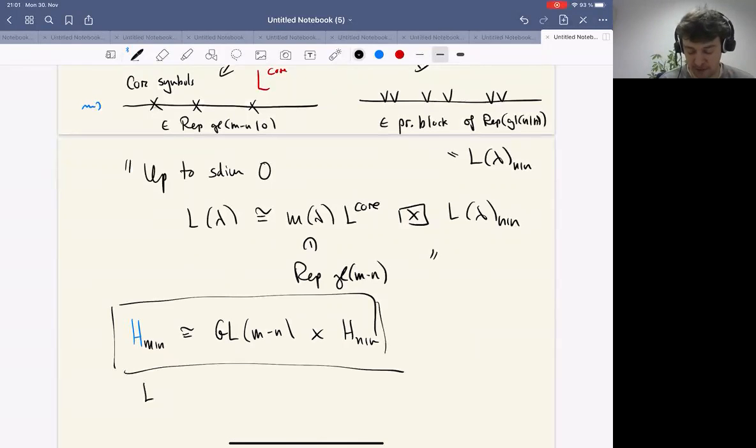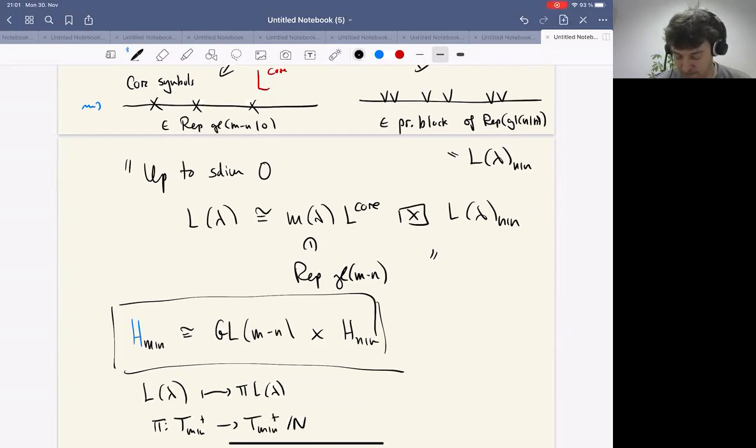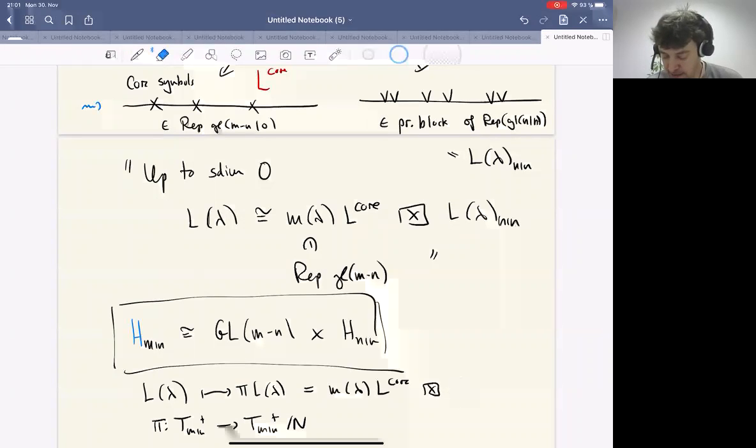And so if you have an L lambda and you send it to the quotient, so this is this here, and this pi is this quotient functor, then it's of the form M lambda L core external tensor product, and here on the right-hand side, you have L lambda and N seen in the quotient.